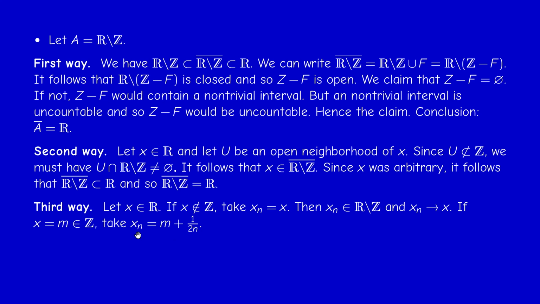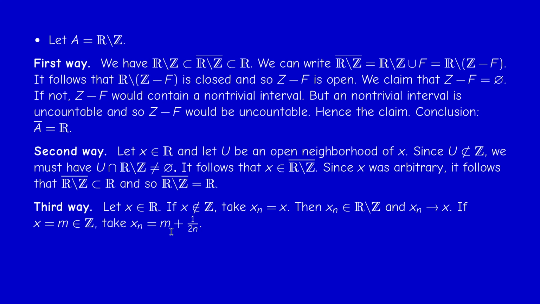So X_n is now a sequence. If M is in Z, M plus 1 over 2n is at most 1/2, if n equals 1. So we start with 1/2, 1/4, 1/6, 1/8, etc. So this quantity M plus 1 over 2n is not an integer.